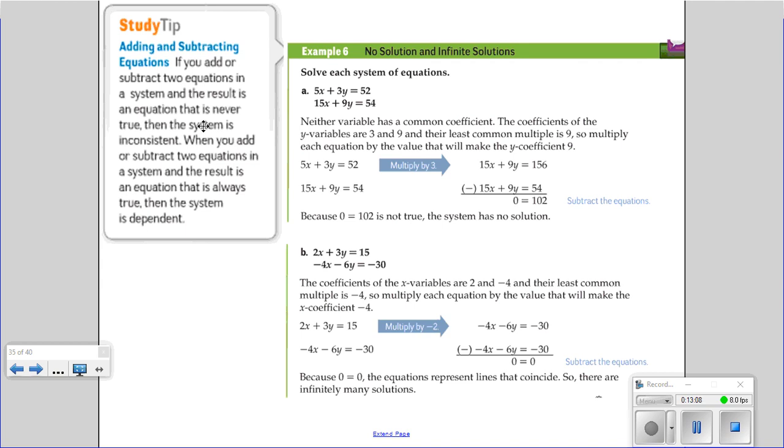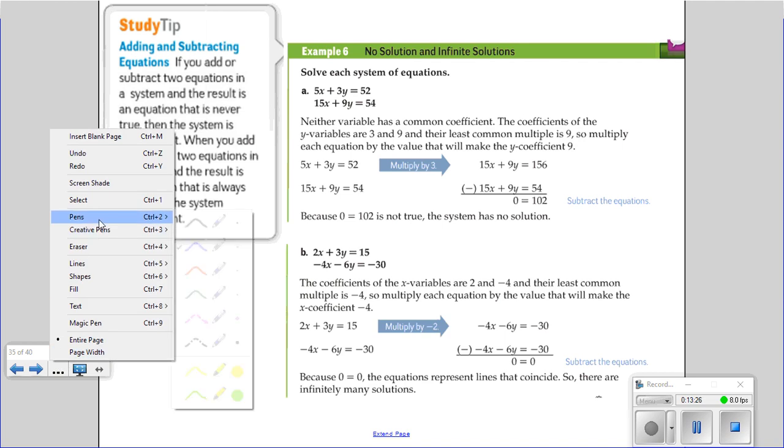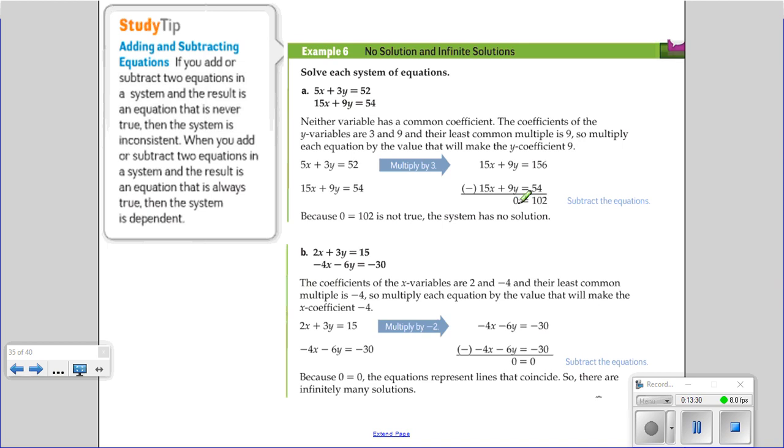Last but not least, if you're using the elimination method or substitution or matrices, and your output looks similar to these two examples, there are two outcomes possible.